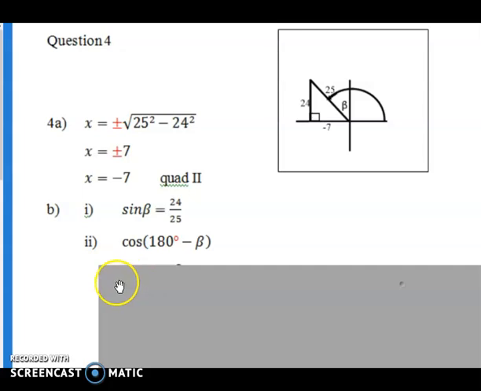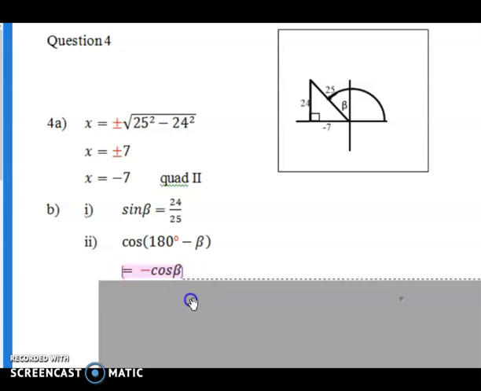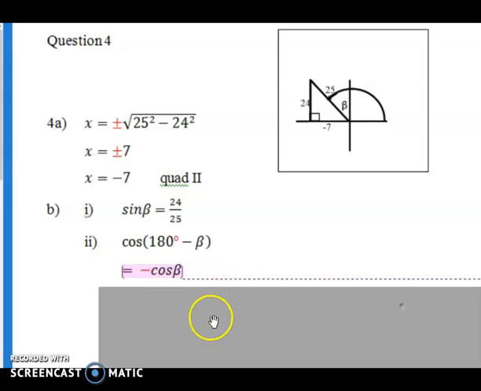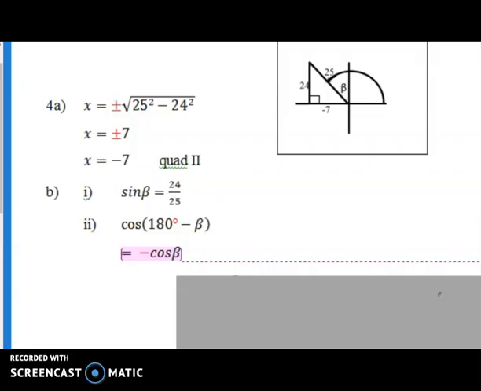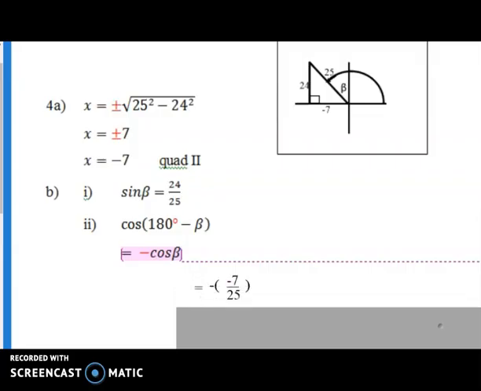So I will calculate negative cos of beta. Right? So now that I know I've got a negative cos of beta, I write the value of cos. Cos is the adjacent side over the hypotenuse. So I have negative 7. That will give me positive 7 over 25.